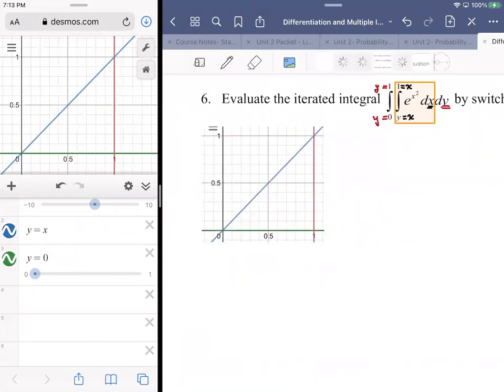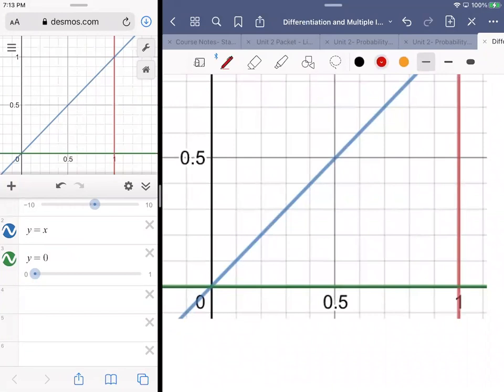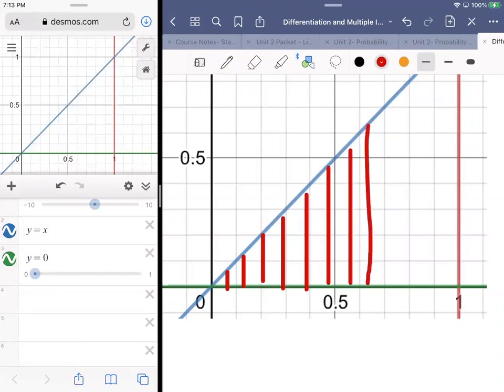All right, so what it's doing is it's going, like I said, from left to right. So arbitrary rectangles, I'm going to give them infinitely thin width, which means I'm just basically drawing lines and hoping that you'll believe me when I say that they're really rectangles, right?